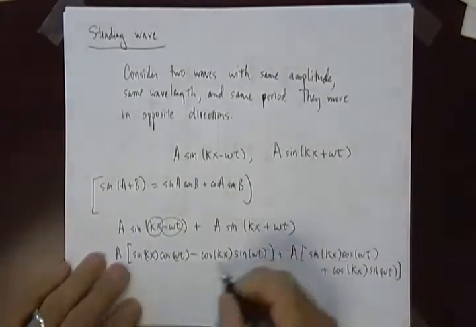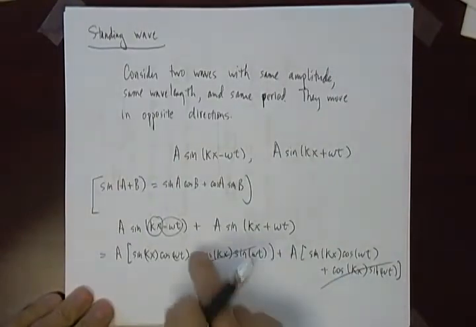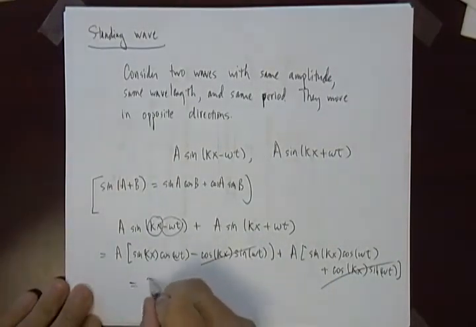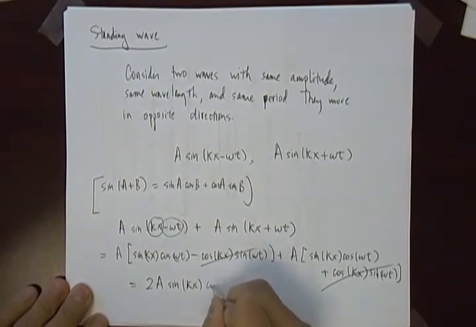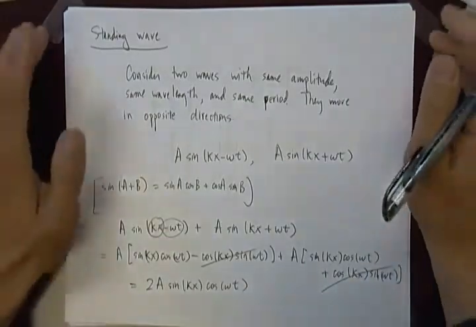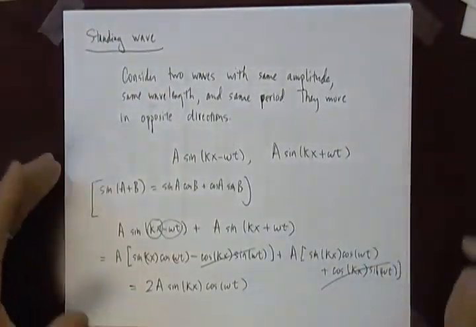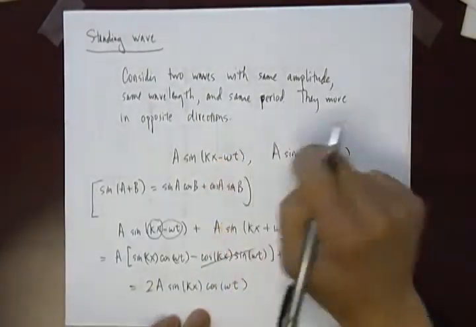Now the whole purpose of this is just to see what we get. These guys will cancel, plus sign and minus sign, and we'll end up with 2A times the sine of kx times the cosine of omega t. That might not look all that interesting to you, but notice that this is actually quite different from these things.